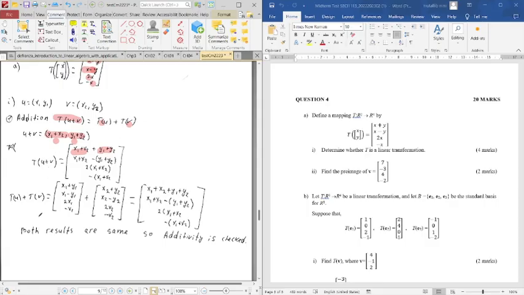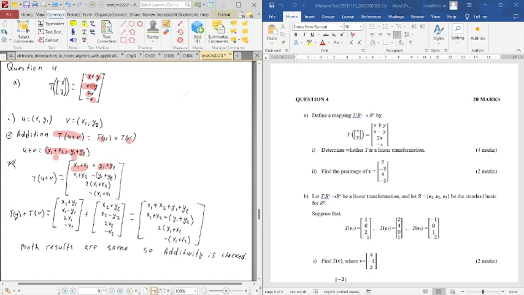So to find this, we do the same. For transformation of u, our u is (x1, y1). So our first element is x1 and second element is y1. We just substitute it back into the given image. So it would be x1 plus y1, x1 minus y1, 2x1, minus x1.